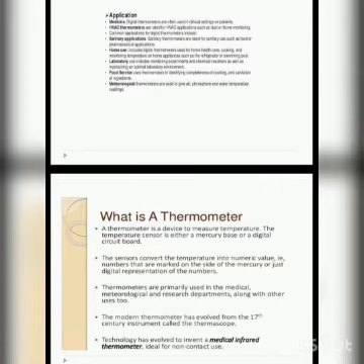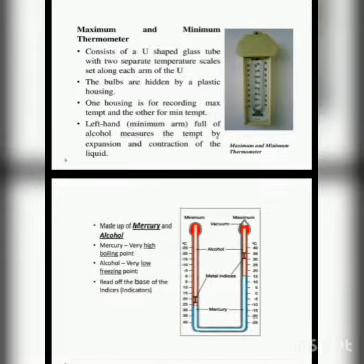The basic of the maximum and minimum thermometer is that it records the highest temperature and the lowest temperature of the day. You can see the maximum and minimum thermometer in the figure. Now you have to see how it is constructed and on what principle it is working.